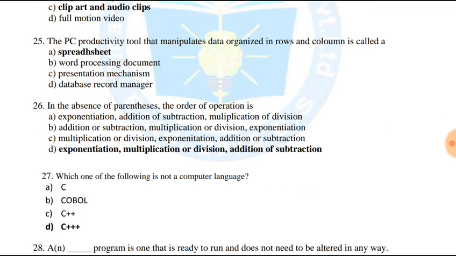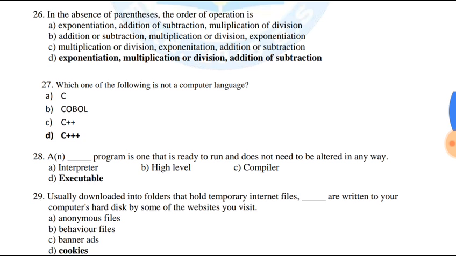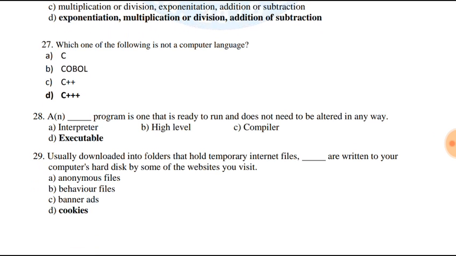In the absence of parenthesis, the order of operation is exponentiation, multiplication or division, addition or subtraction. The next one is, which one of the following is not a computer language? C++ is not a computer language. An executable program is one that is ready to run and does not need to be altered in any way.